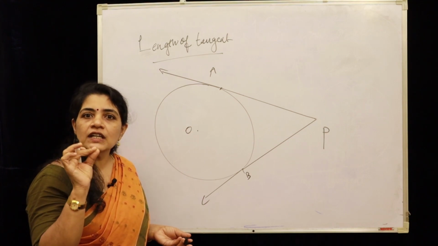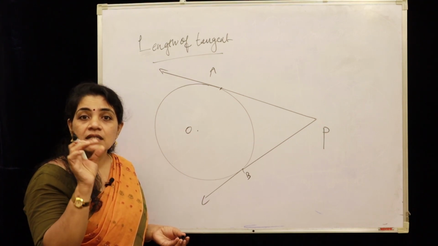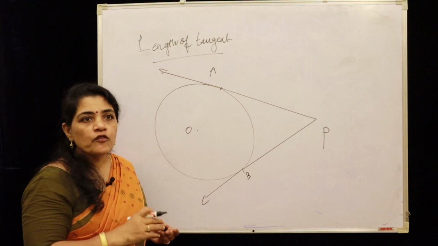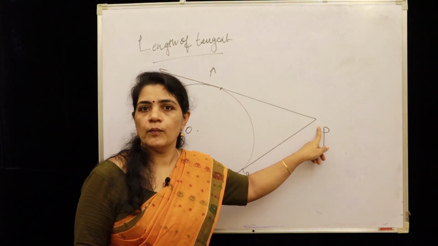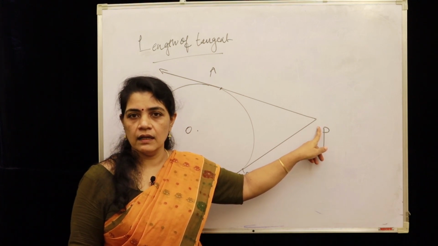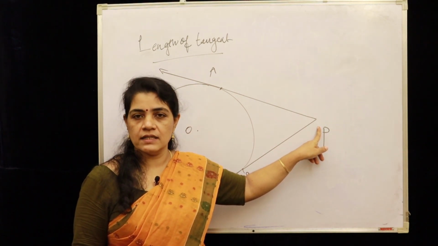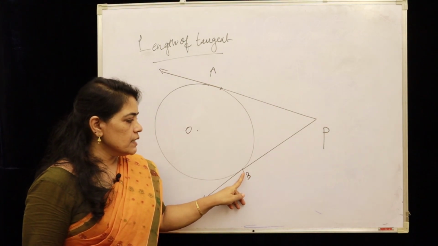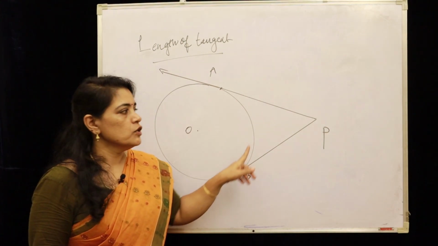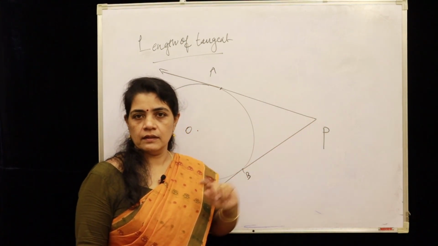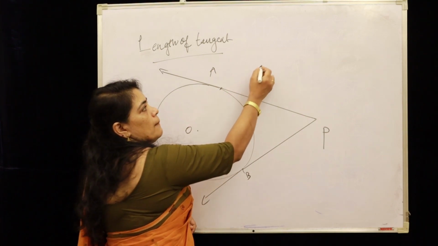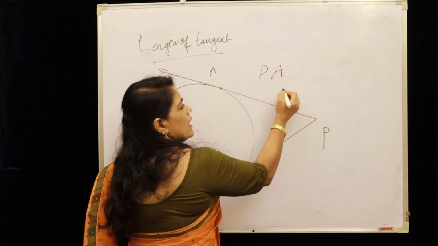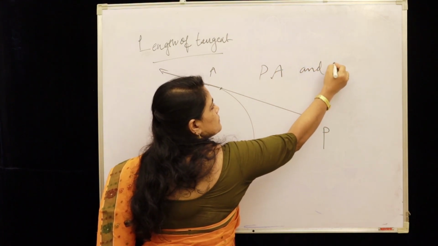The length of the tangent is nothing but the length of the line segment from the point of contact to the external point. Is it clear? Isn't it? So from the figure, what is that? The line segments PA and PB.